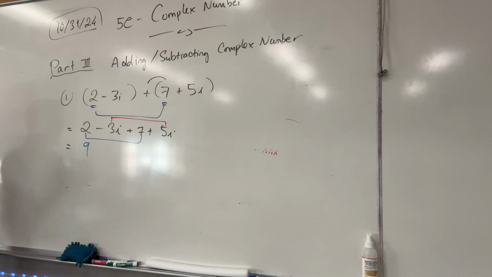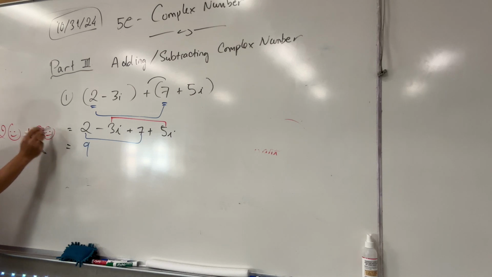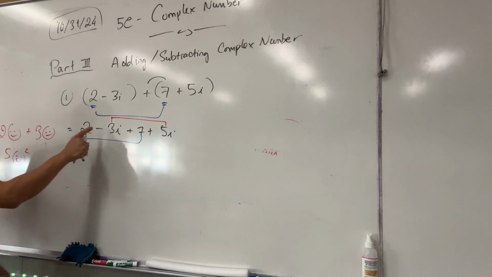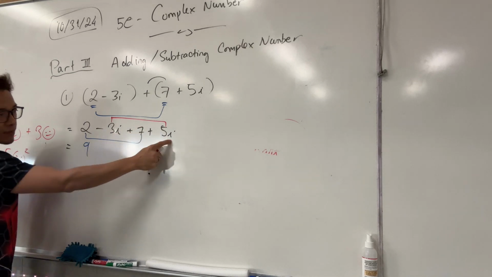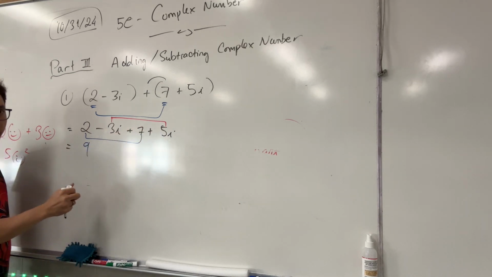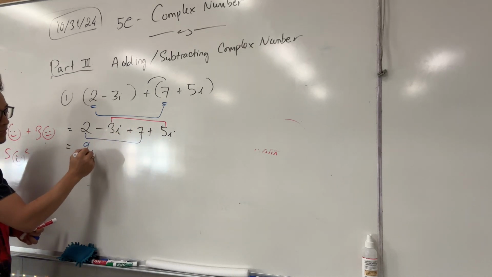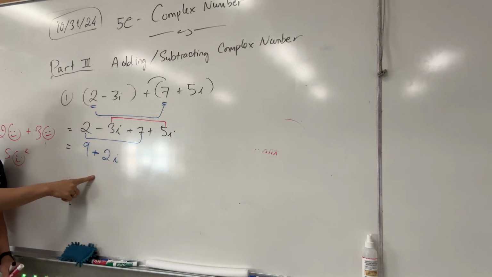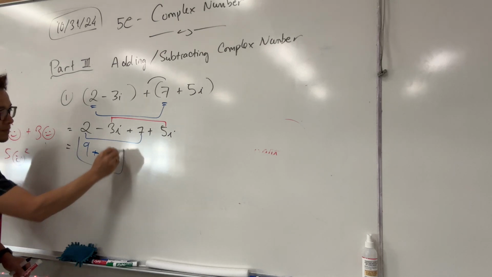Remember, if you have 2 smiley faces and you have 3 smiley faces, do you have 5 smiley faces squared? No, right? So don't touch the smiley face. Same thing, if you have negative 3i plus 5i, don't add the i squared. It's just negative 3 plus 5, that's positive 2. Positive 2i. Is it standard form already? Yes, that's good.